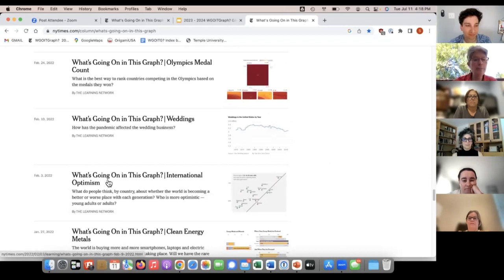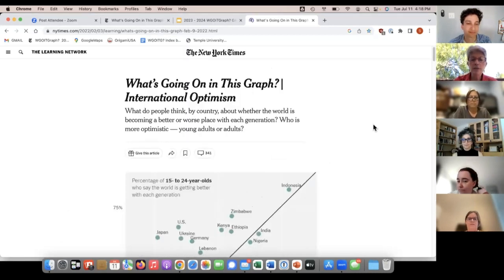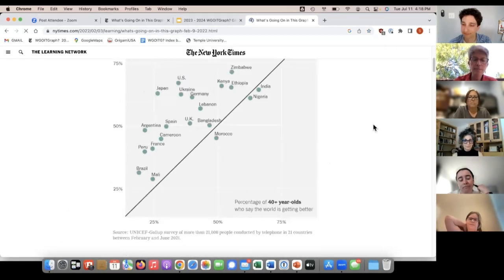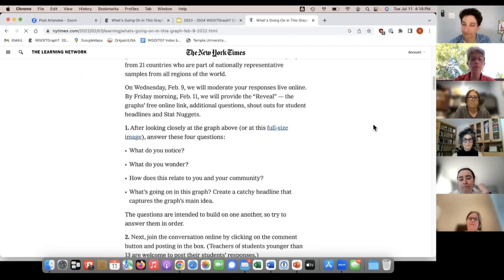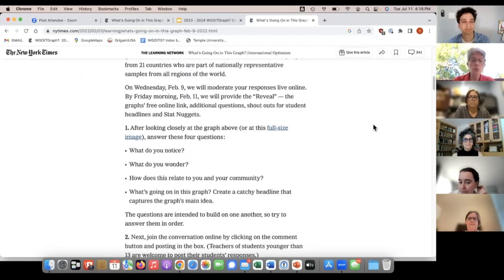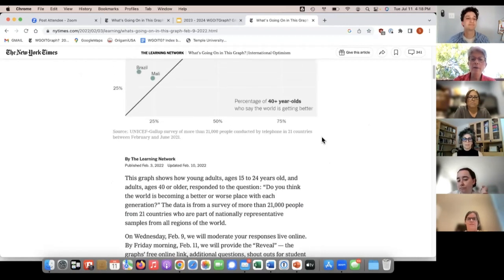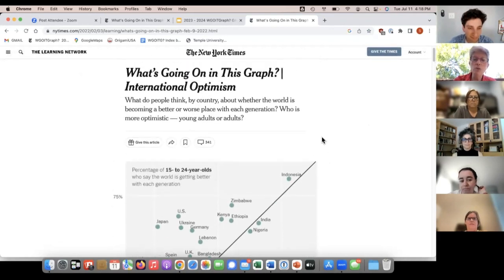Okay, international optimism on February 3rd, 2022. Okay, and here's the graph that we just saw. And then underneath are the 4 questions. What do you notice? What do you wonder? How does this relate to you and your community? And what's going on with this graph? And we can ask students to go online and respond, but quite frankly, teachers more often than not have students respond in class.